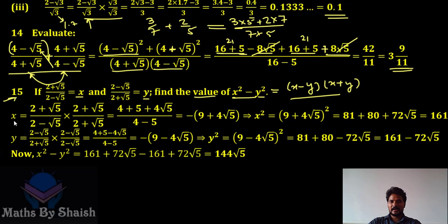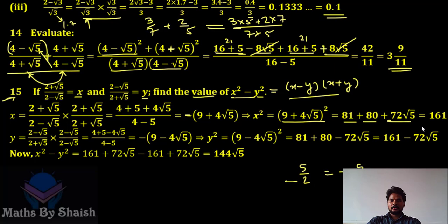So I have done this: x equals rationalizing the denominator. We got 4 plus 5 plus 4 root 5 because it is a plus b whole square. The denominator is minus, so I took minus here because we know that 5 over minus 2 is simply minus 5 over 2. So I took this minus here, and hence x square becomes the square of 9 plus 4 root 5. So this is going to be 81 plus 80 plus 72 root 5 by a plus b whole square identity.